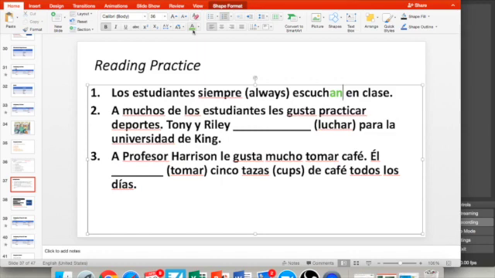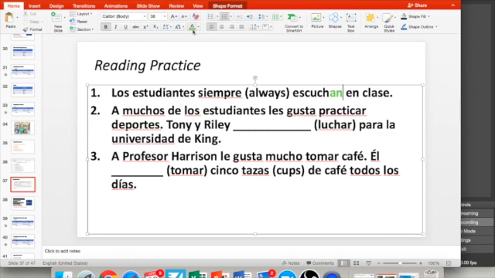Okay, now that you've got a second to try these, number 2 tells us that a muchos de los estudiantes les gusta practicar deportes. So a lot of the students like to practice sports, and it tells you that Tony y Riley luchar para la Universidad de King. So we're saying that Riley and Tony, they wrestle for King.